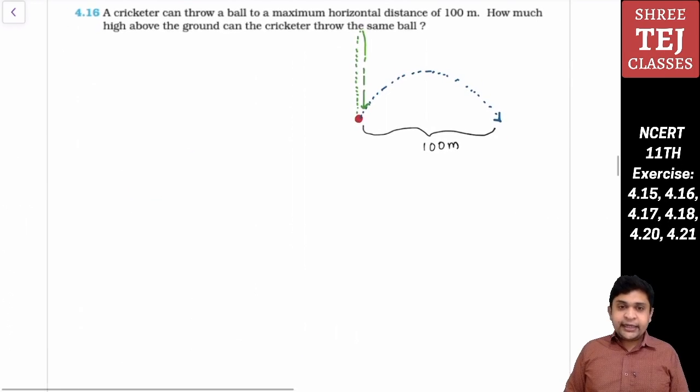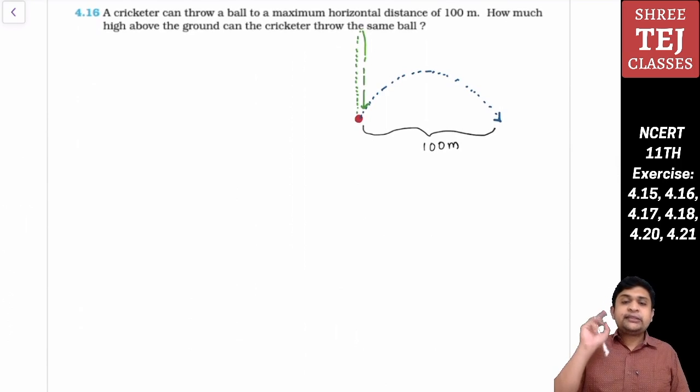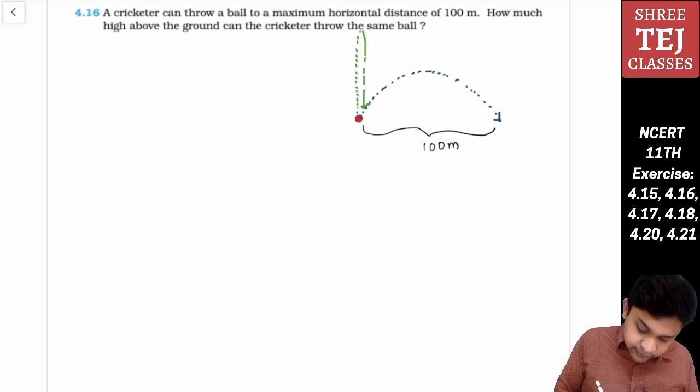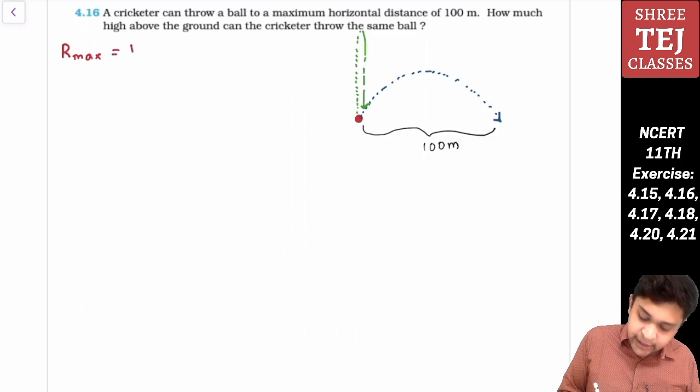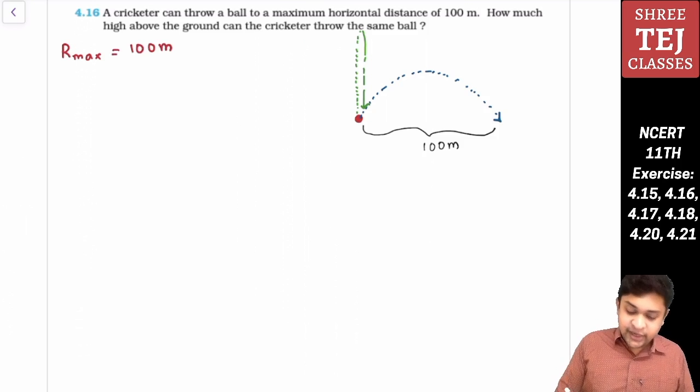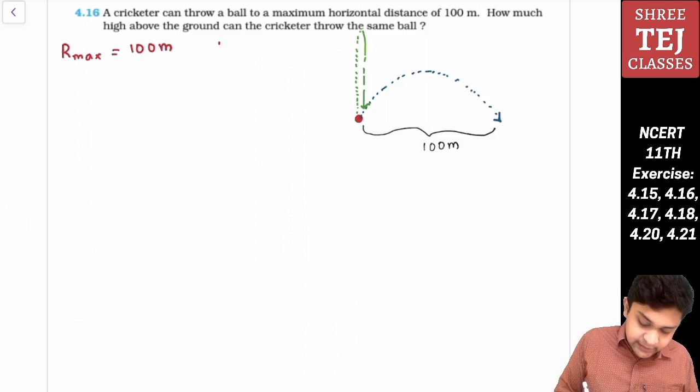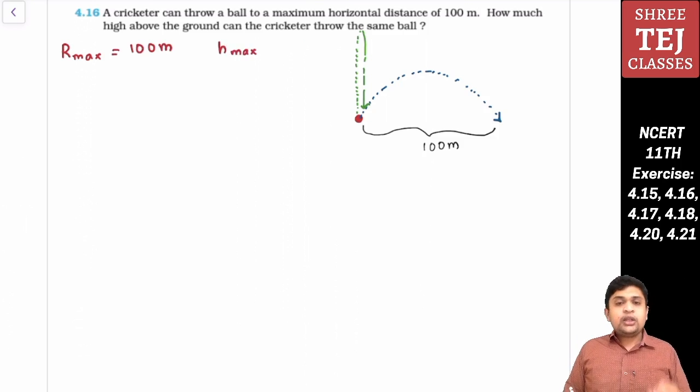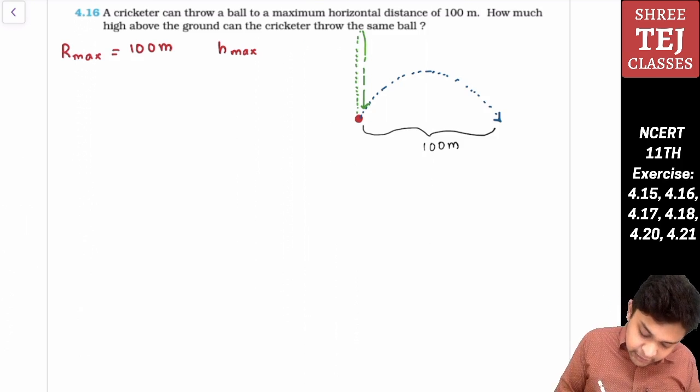A cricketer can throw a ball to a maximum horizontal distance of 100 meters. So range R max is 100 meters. We have to find H max. Now all of us know maximum range is always at 45 degrees.